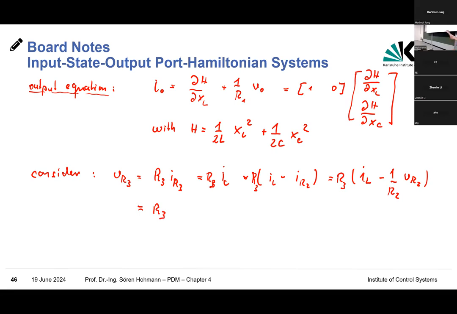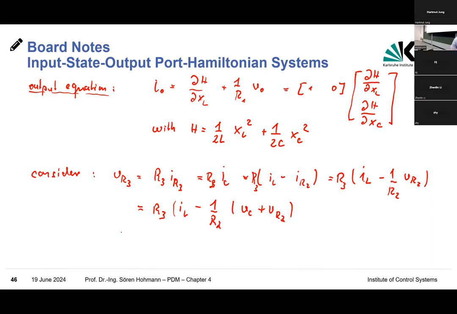Sorry, I just want to show the various steps to reach the final position. It is IL minus 1 over R2. We use a loop equation to show that this is equal to UR3 plus UC. Now, UR3 is given. As you see, you can solve for UR3, right? You have UR3 on both sides. You can solve for it, and we get a very interesting result.